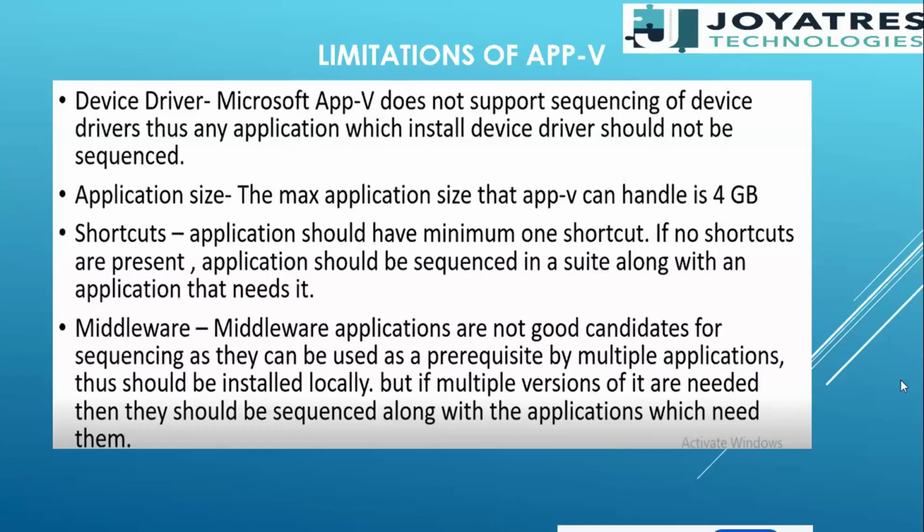This middleware is not required only by your AppV application. It will be required for other applications also. Thus, if the application requires a middleware application, you should have that as physical, because Visual C++ and .NET Framework are not a prerequisite for one application, but many applications.